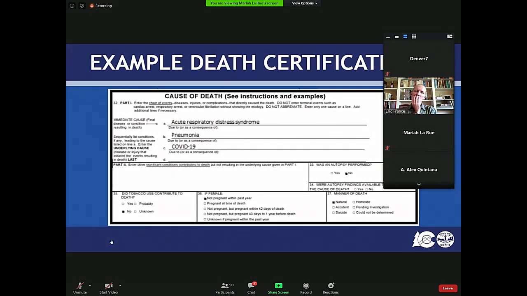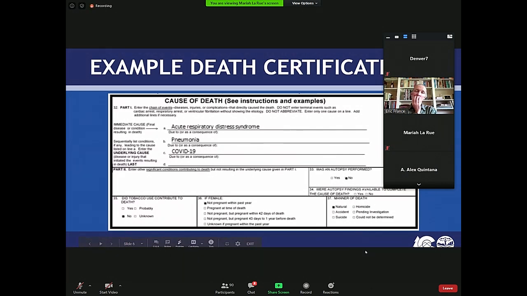Again, we capture the immediate ailment that resulted in death, but also that underlying cause, that is, that health condition but for which the person does not die. And so COVID-19 in this case is determined to be the underlying cause of death for an individual whose death certificate would be completed such as this, where COVID-19 resulted in pneumonia, and most acutely acute respiratory distress syndrome, unfortunately, but ultimately resulting in this person's death.